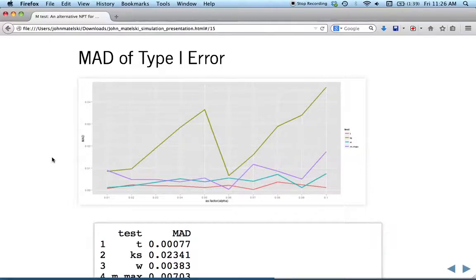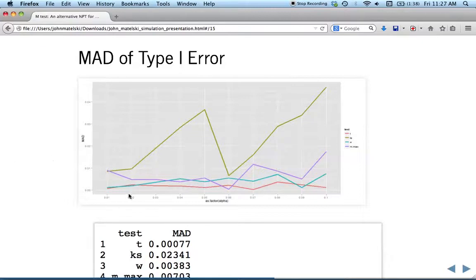The definition of the rejection rate is the number of tests that I actually rejected, meaning the number of tests that produced a p-value less than 0.05. So basically it's saying if the p-value you're getting from the test is actually the probability that it claims to be, then the mean absolute deviation of the type 1 error rate from alpha should be 0.